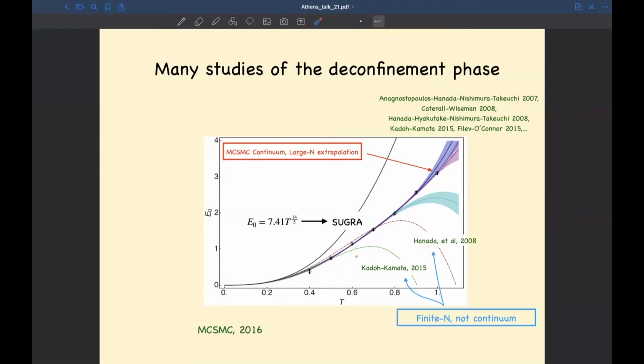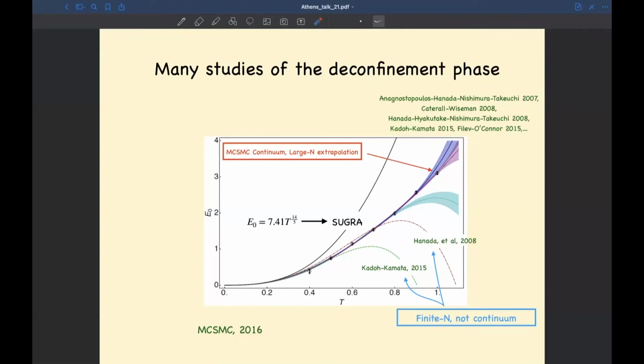But what is more interesting is the lattice points that go all the way here. And this is indeed large n and continuum extrapolation. This was done in 2016 by my collaborators when I was not part of the group then.